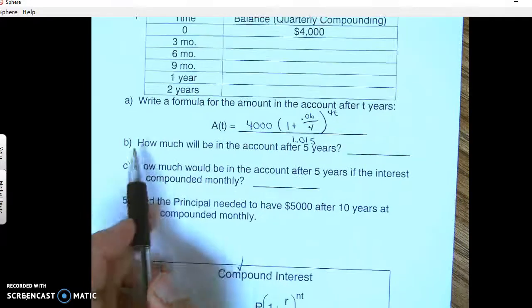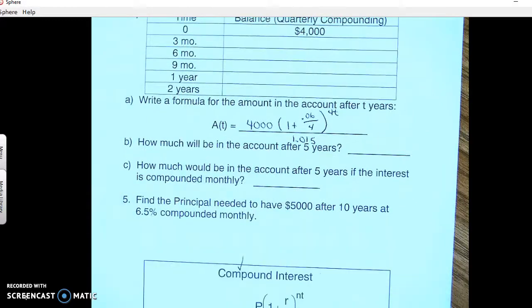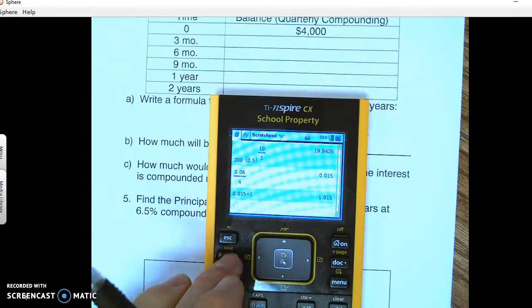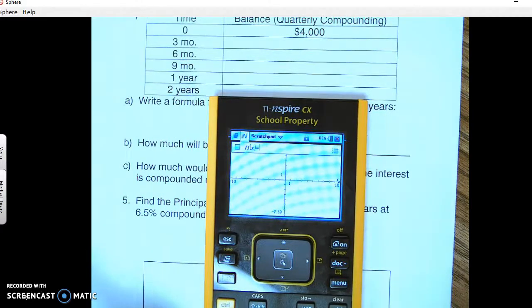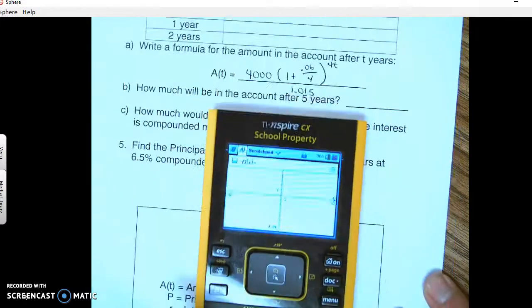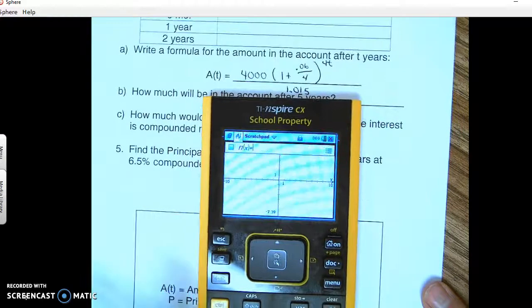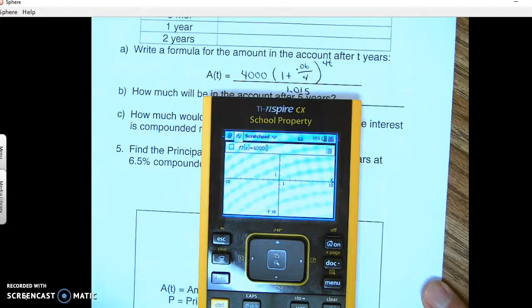All right. So next thing we want to do is we want to go into our graphing mode. We're going to plug in our formula. We could do this by hand, but it's much faster doing it this way.